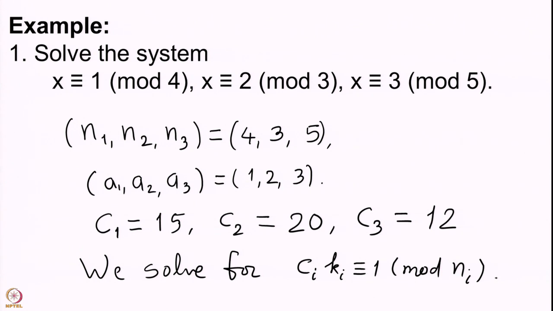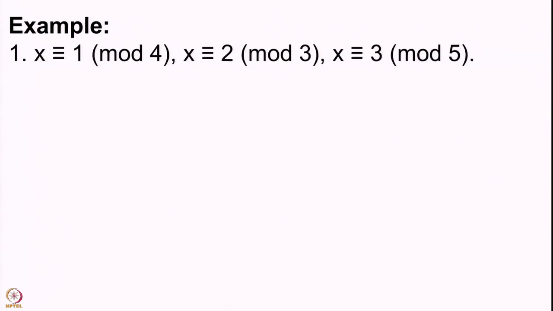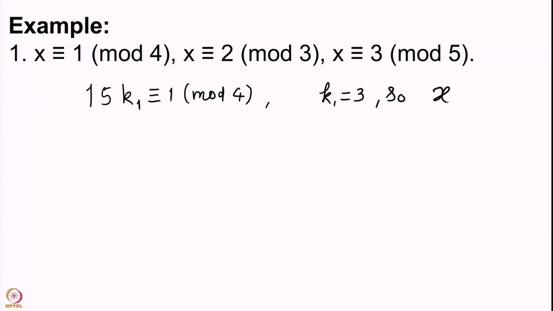So 15, 20 and 12 modulo 4, 3 and 5. So the first one is the product of these two. So 15 K1 congruent to 1 mod 4, and then we see quite easily that here K1 has to be 3. So x1 equal to 45.